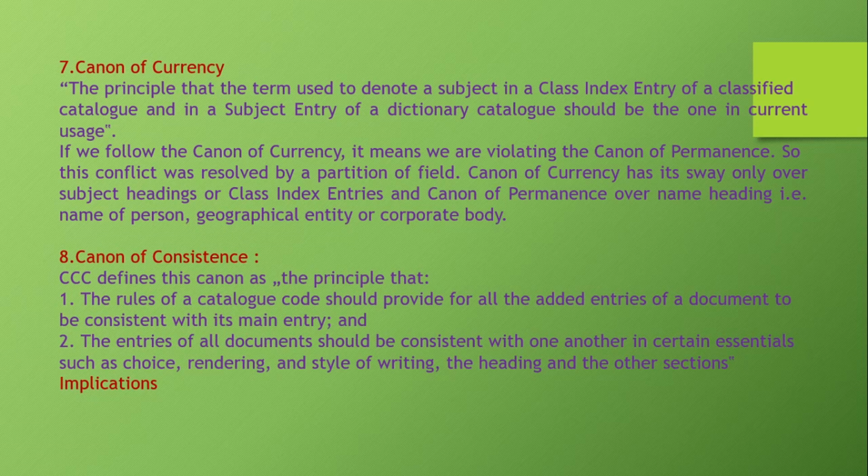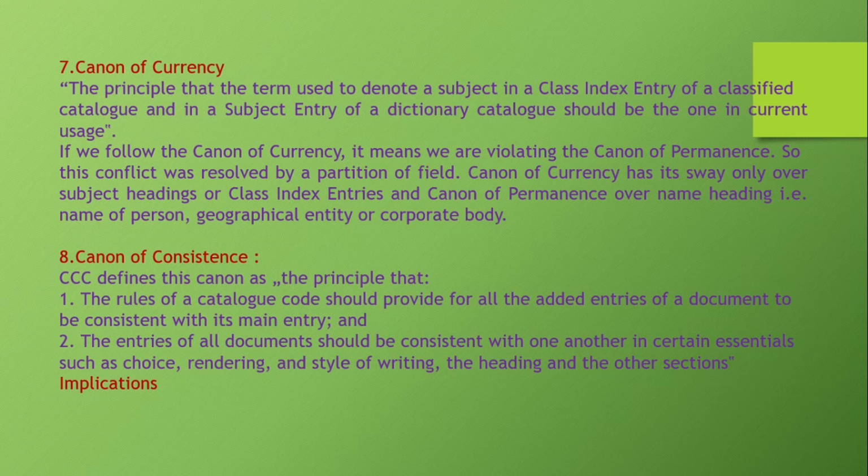So, this conflict was resolved by a partition of the field. Canon of currency has its way only over subject headings or class index entry, and canon of permanence over name heading, that is, name of a person, geographical entity, or corporate body.